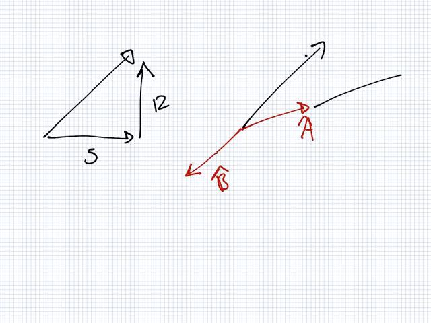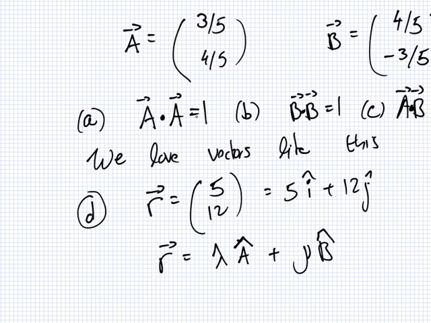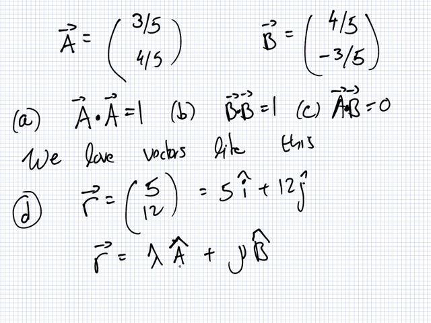In this case I need minus B, so maybe 2 A's minus a B would make something like this. I don't know what it is because I have to work it out, but my point is still this: instead of using i's and j's, can I use different vectors like a's and b's? Do you get the idea I'm getting? So what I'm trying to do is write OR as so many a's plus so many b's. Can we do that? We can.